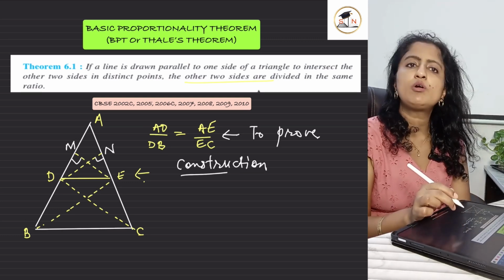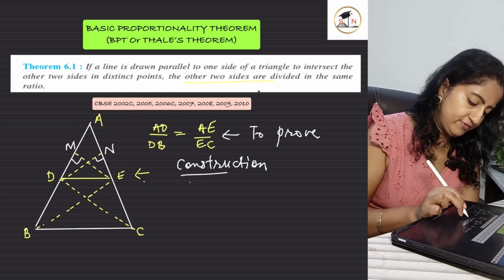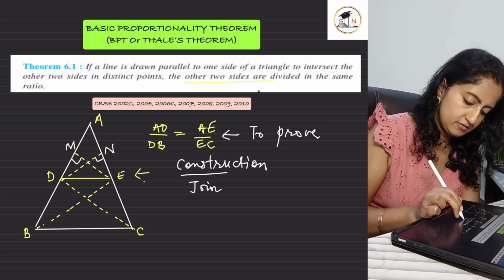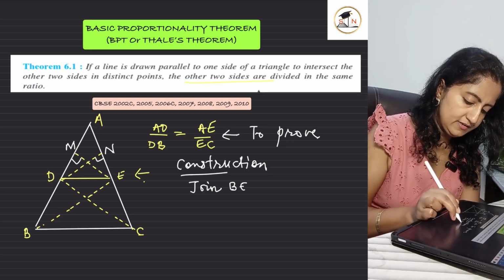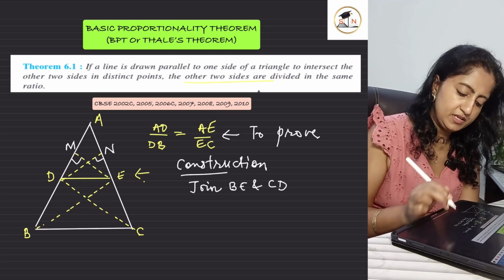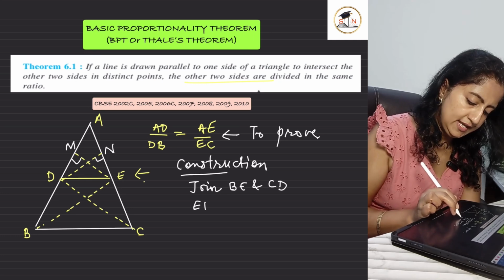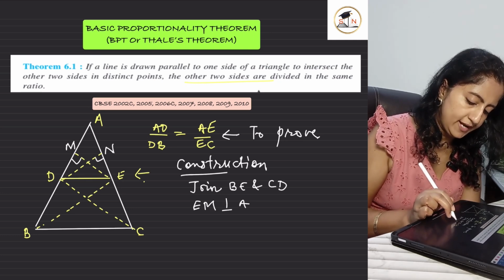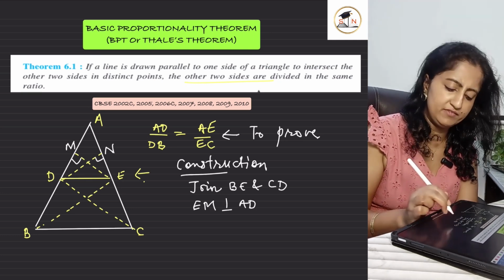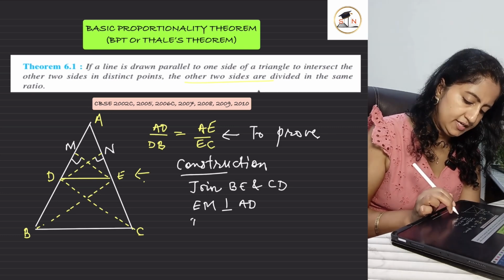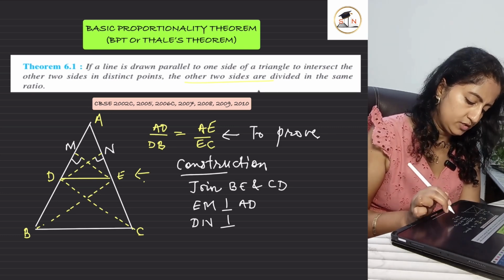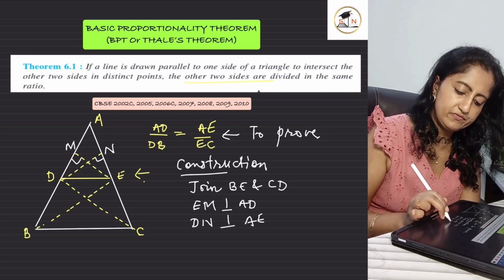Now when we talk about construction, we will write: join BE and CD. After that, draw EM perpendicular to AD, and then DN perpendicular to AE.